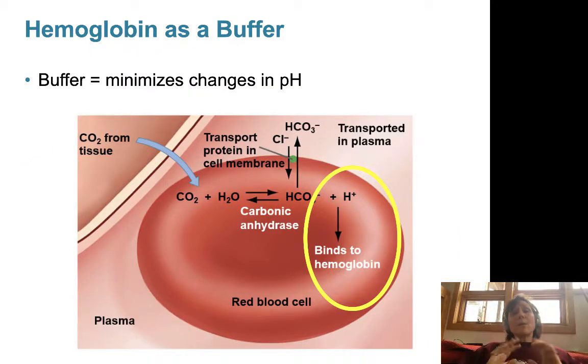Okay, so what this means is that hemoglobin molecules act as a buffer and help to minimize changes in pH in the body. Remember, this is all about homeostasis, right? What happens when your body isn't at its ideal set points? Remember that sensor, integrator, and effectors.